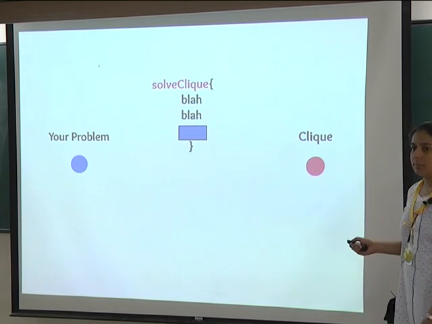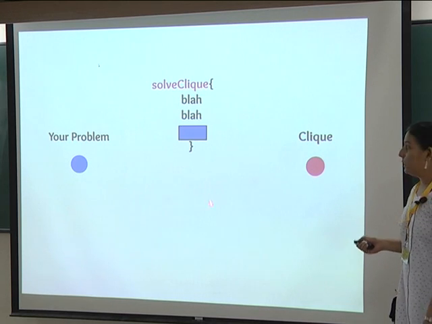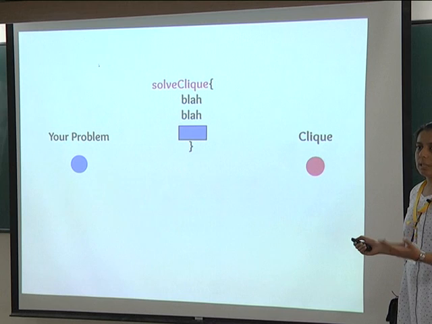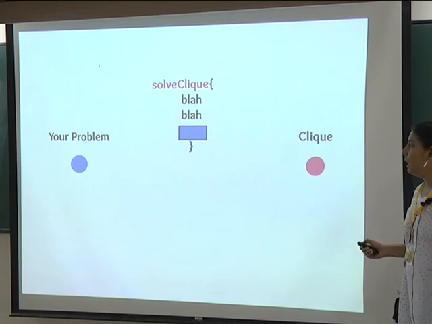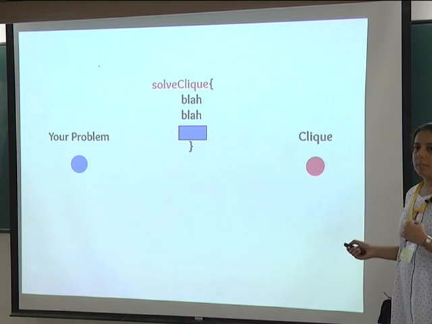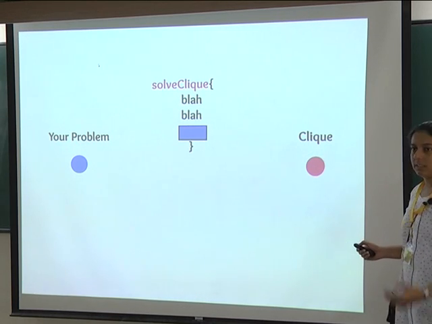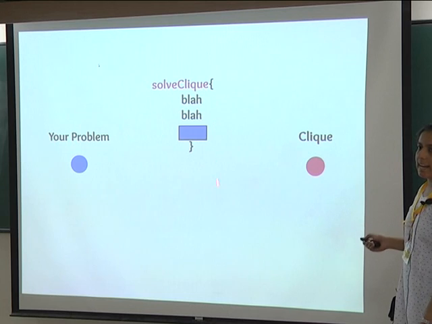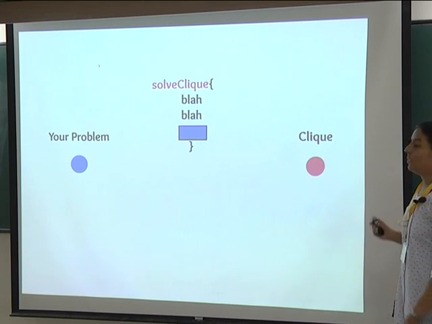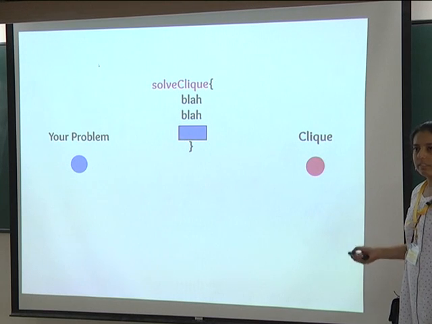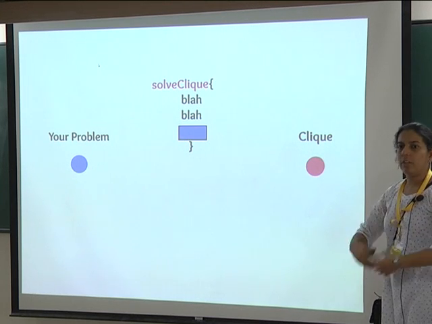You come up with an algorithm that looks like this. It's sort of a subroutine for solving clique that uses an assumed subroutine for solving your problem. Okay? So you say, hey, suppose you give me an FPT algorithm for my problem. That's this FPT algorithm. You give me that. Then here I have this thing which is going to solve clique in FPT time once you give me this. Okay, so that's the flow of the argument.